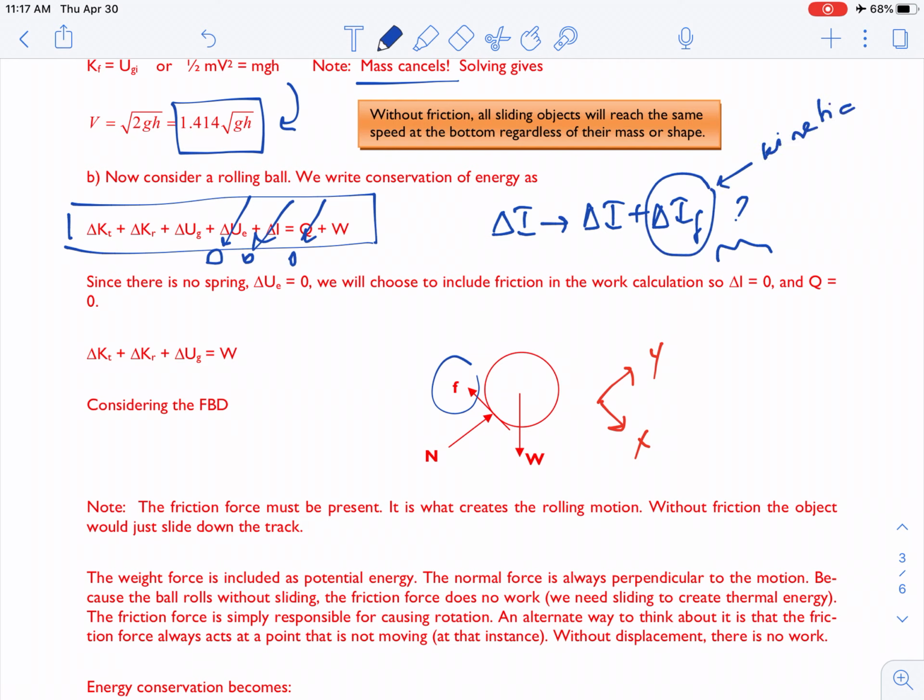Why is that? Because this comes from the work done by the friction, and static friction does not do work. It's static. It doesn't move, right? So there's no displacement, but only the kinetic friction will do work. So if you have kinetic friction, then you need to include it. But since we don't have kinetic friction, that brings me to my free body diagram now.